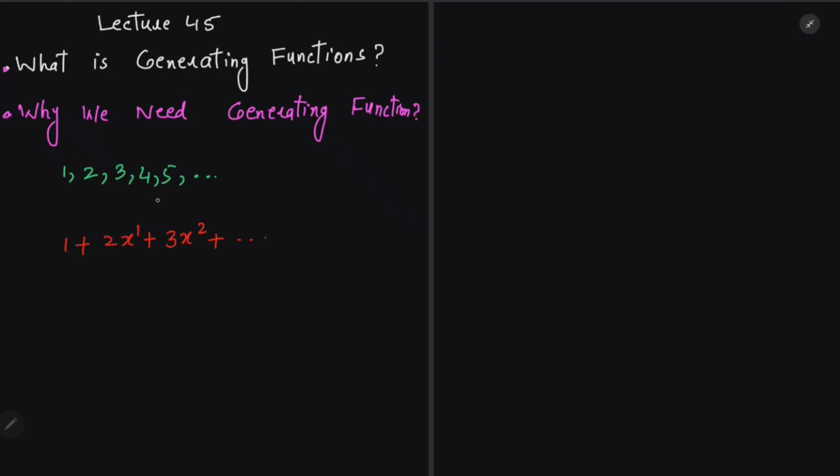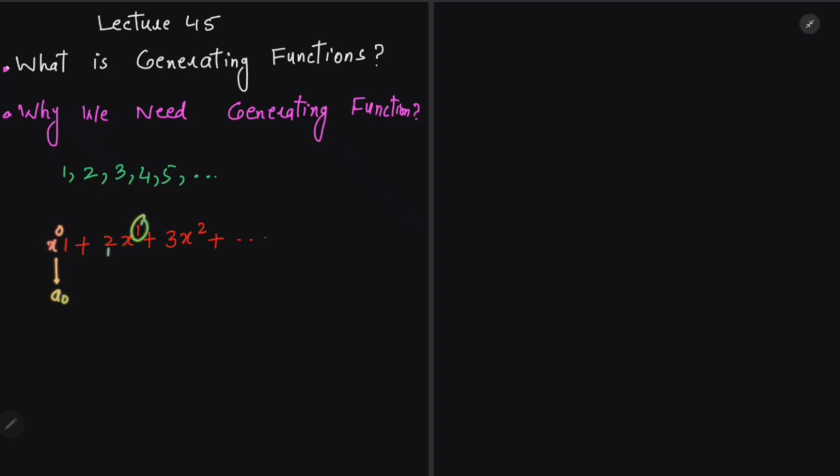But the question is why we do that. Now you can see that if you take a look at this sequence, this is a0, this is term number 1, this is a1, this is a2, and so on. Similarly, if you look at the power of x, this is x^0, so this is a0.